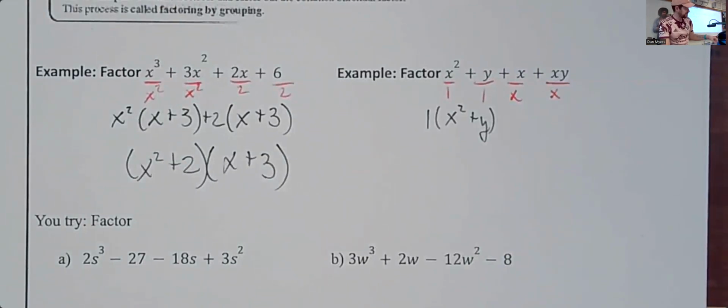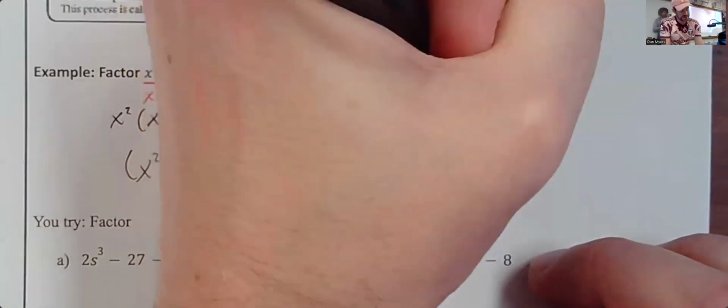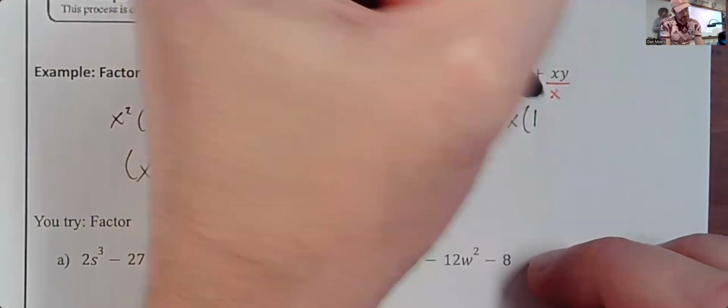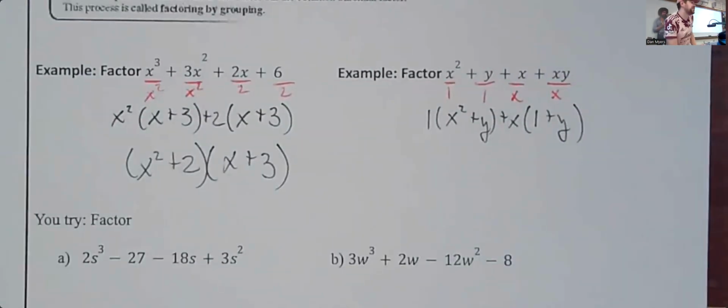And what happens here? So if I were to write plus x here, we end up with 1 plus y. That does not seem to work. And it actually doesn't work. Not the way we've done it anyway. So, does anybody have any thoughts on how to make this potentially work?